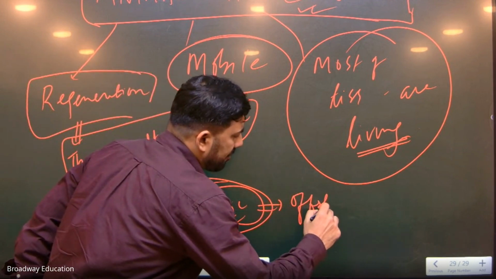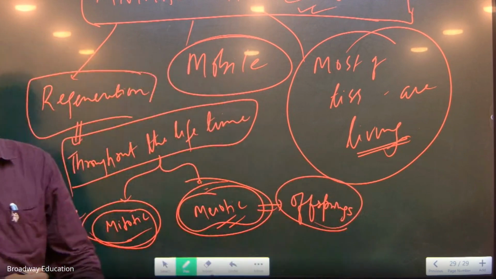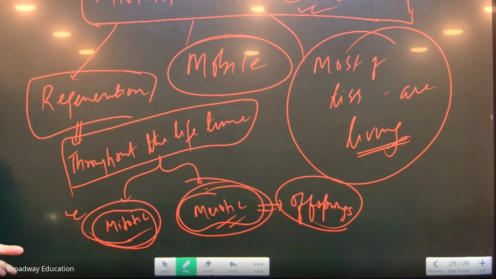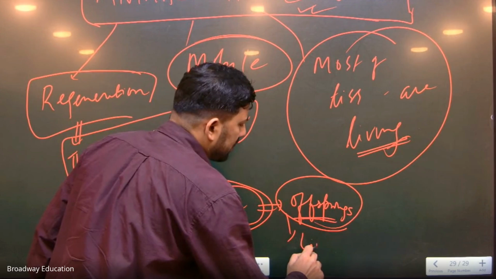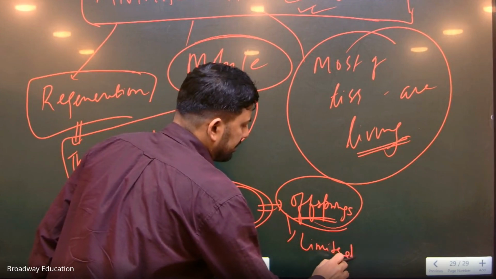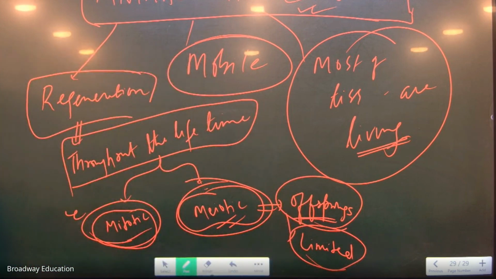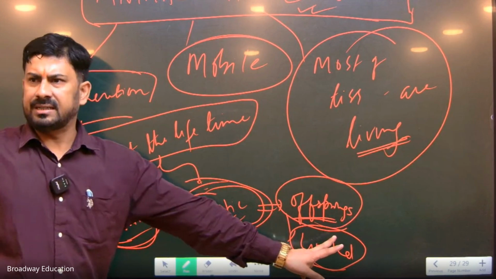These types of divisions are basically limited to a certain extent. Understood? So these are limited to a certain extent.